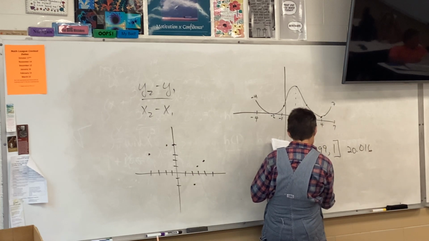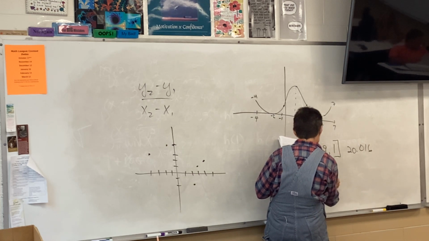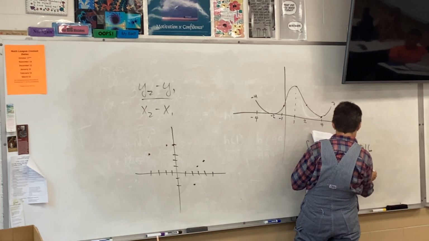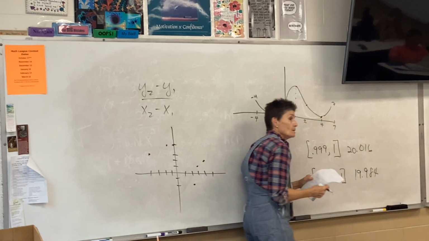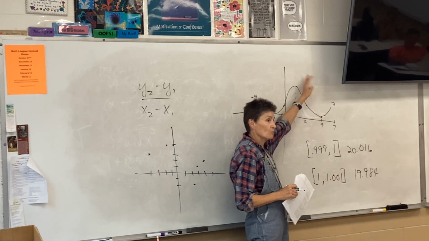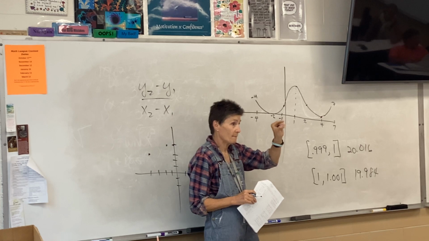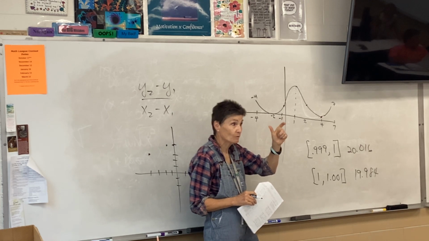And then I did this interval on my paper here, and I got 19.984. And then there were a couple others before that. I'm honing in on 1 and getting closer to 1 with all my intervals.